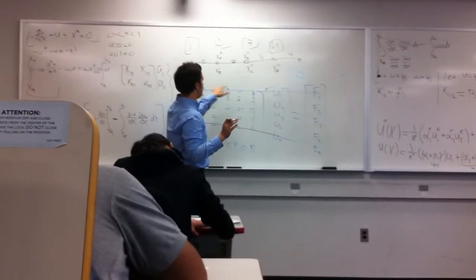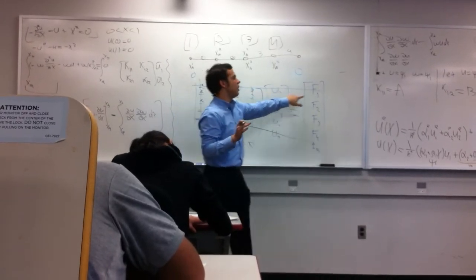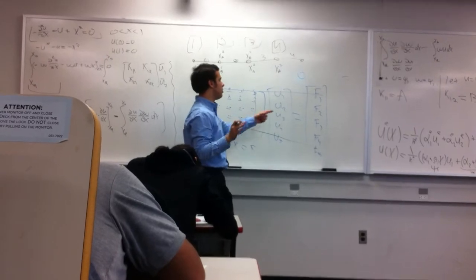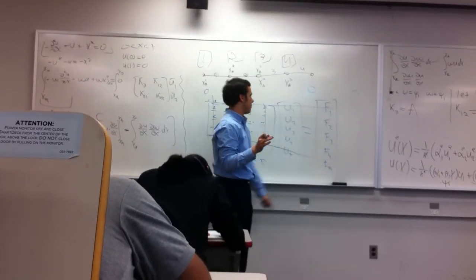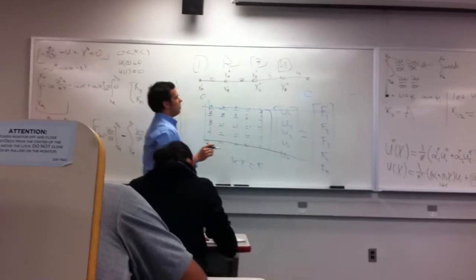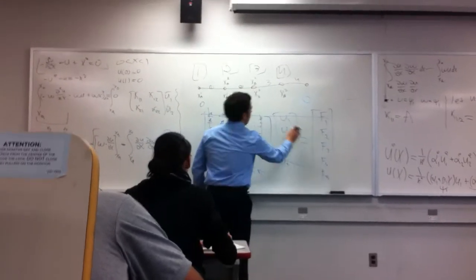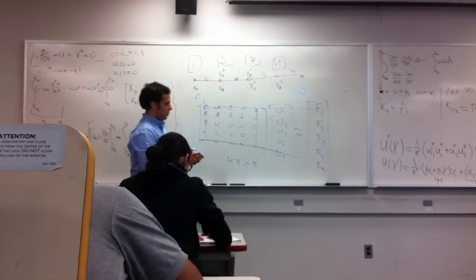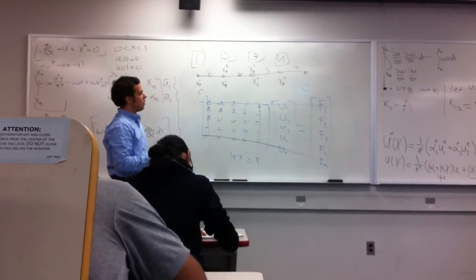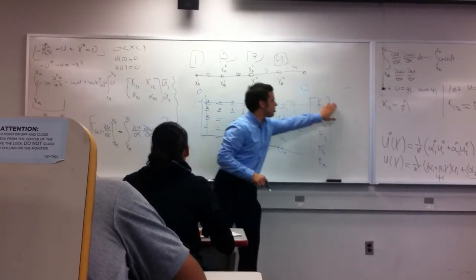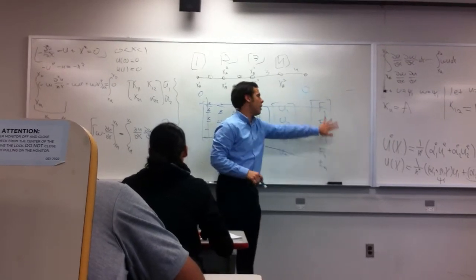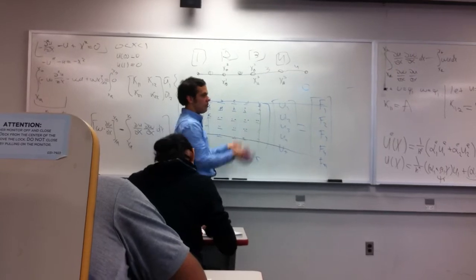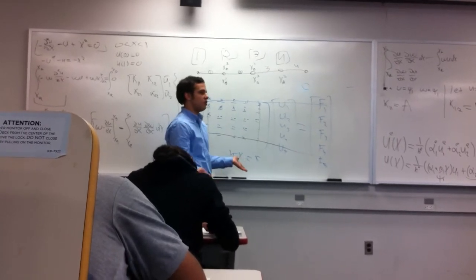I get rid of them because the first row deals with U1 and F1. I'm not looking for U1 and F1. Since we're calling U1 and U5 zero, we also know about F1 and F5. I want to solve for U2, U3, U4. If you just do a back division, you're going to get everything as 0 because that's not a solution.